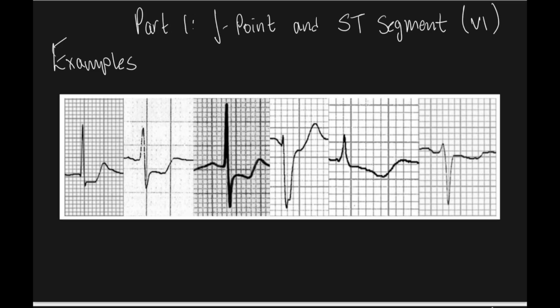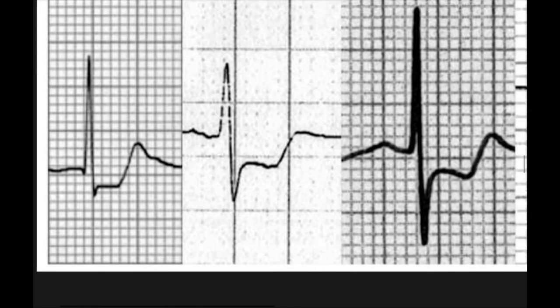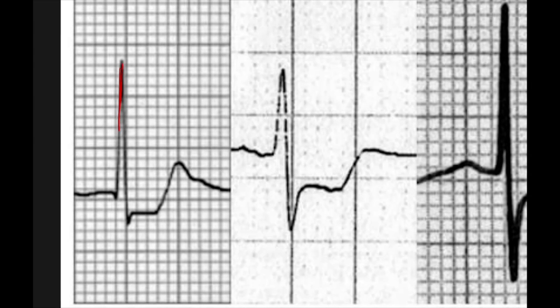In the first one, let's zoom in. So we have that R wave, we have the S wave, and as the S wave comes up, we flatten. So there's that J point. And we see that this is a horizontal flattening. And so the next thing we want to know is, well, what does it measure at?